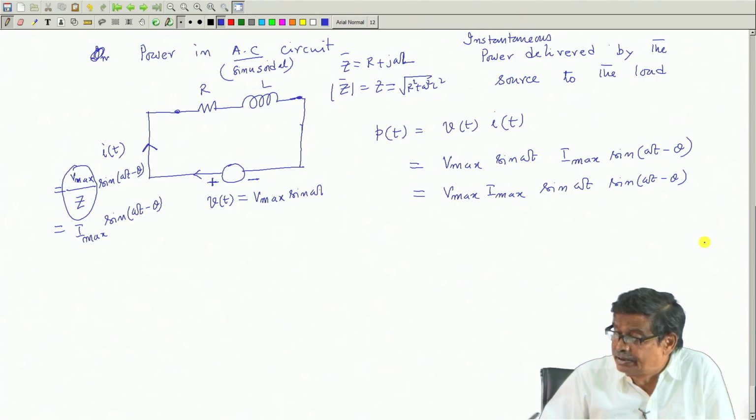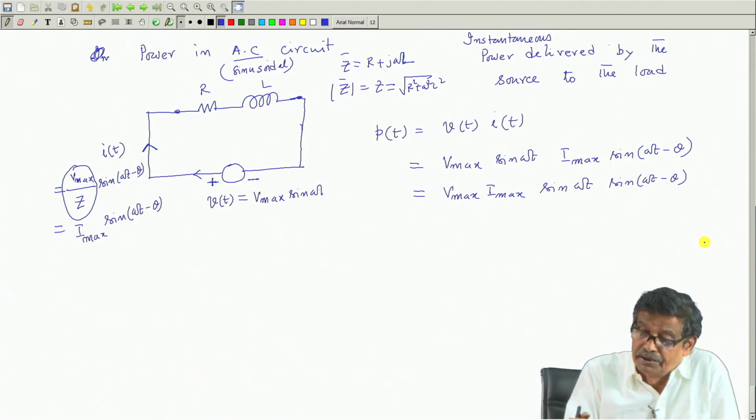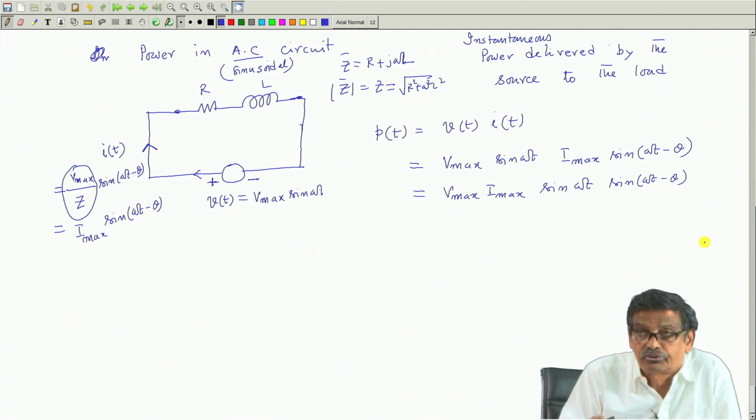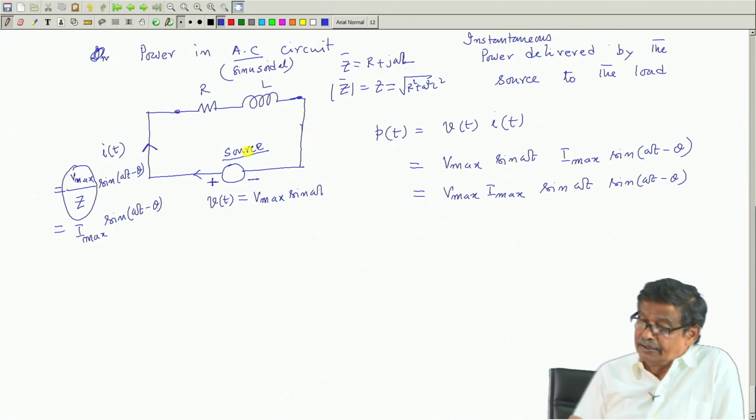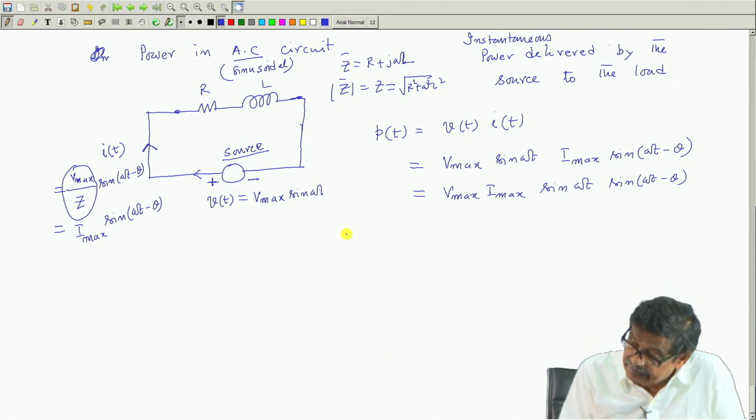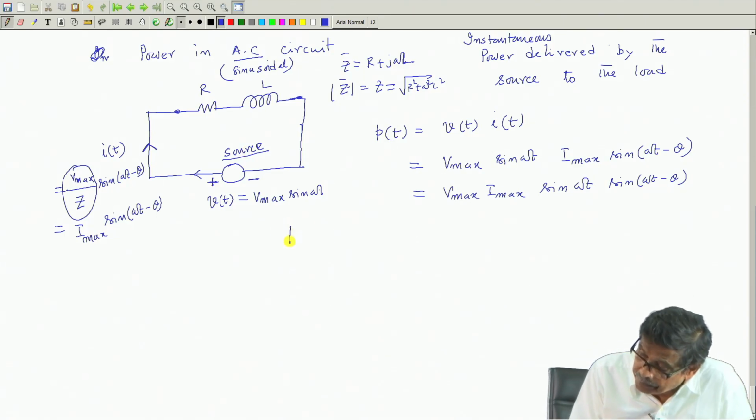Sometimes this quantity may become negative, that means it will be pumping power back to the source. So, this is source. Let us just say this much right now.